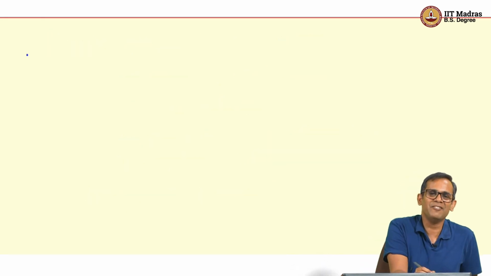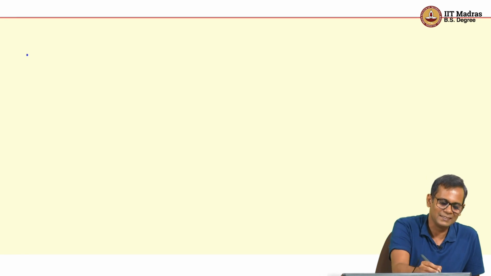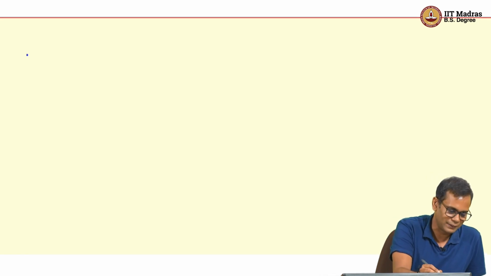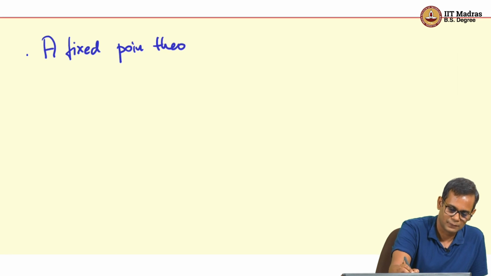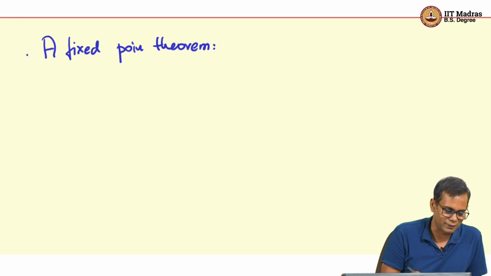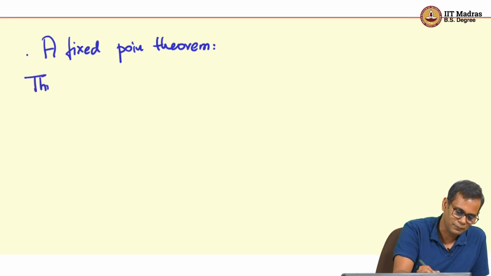An interesting variant of the idea of a function taking the value 0 is that of having a fixed point. So, let me call this a fixed point theorem. This again will be a consequence of the intermediate value theorem. So, here is the theorem.